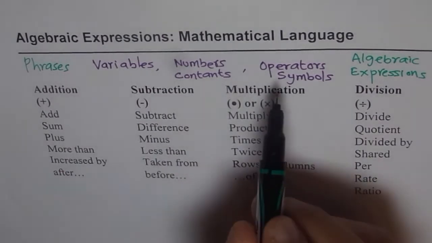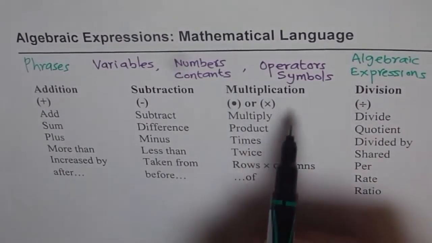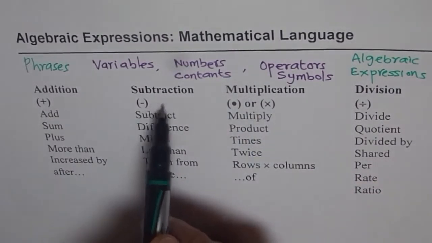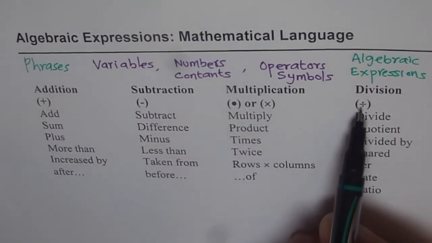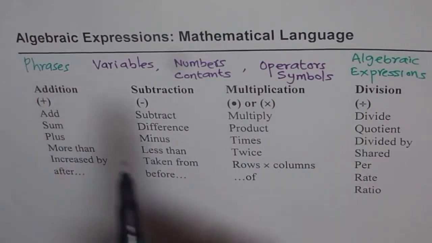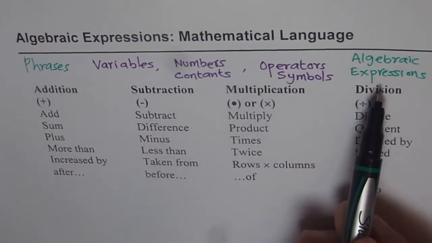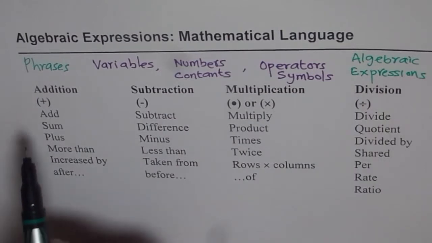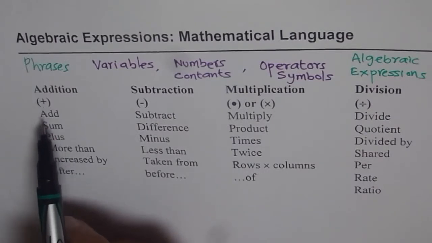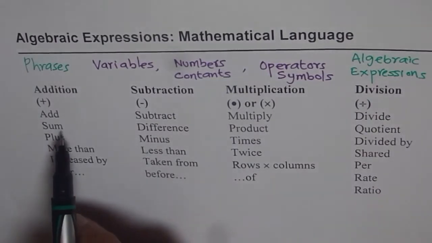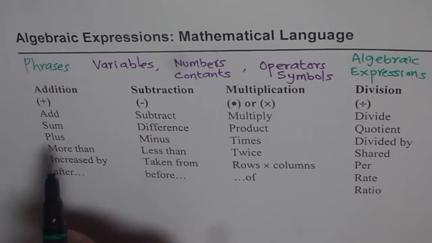Let's first talk about operational symbols. Basically, there were four: addition, subtraction, multiplication, and division. Whenever we converted phrases to algebraic expressions, we looked for keywords. Keywords like add. When you say add a number, we know the plus sign is to be used. Sum of two numbers, plus sign.